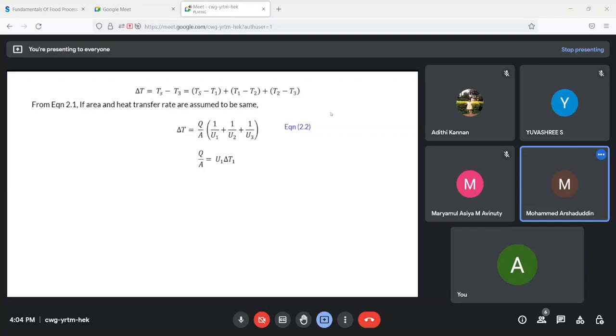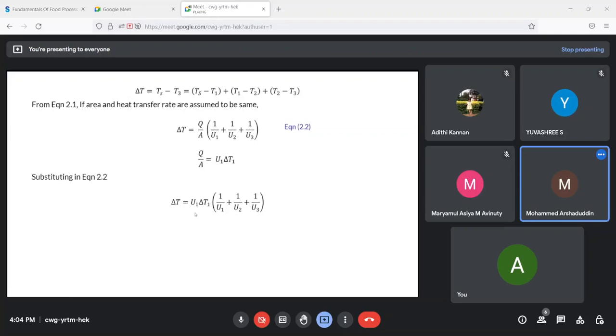If this was the first effect, you will have Q by A equal to U1 into delta T1. We substitute Q by A, since we assume that the heat transfer rate and the area for all three evaporators are the same, back into this equation.